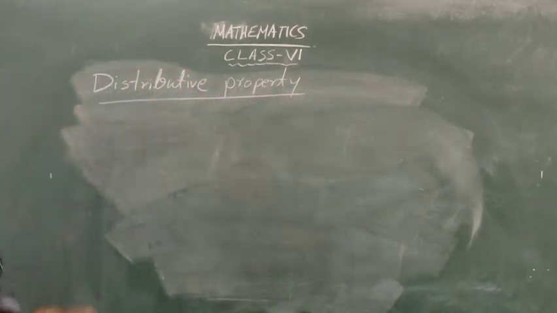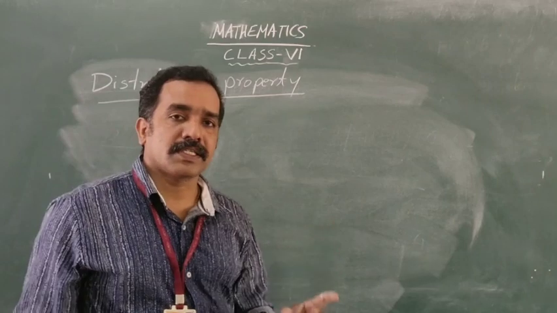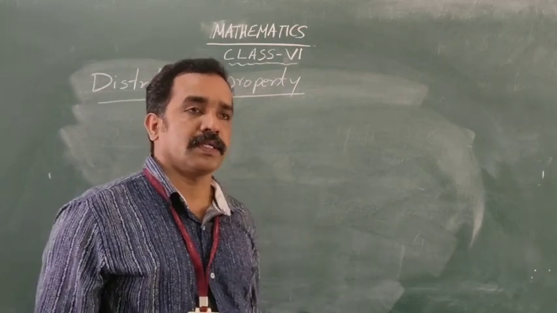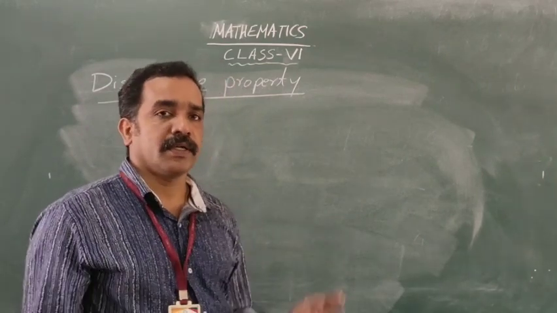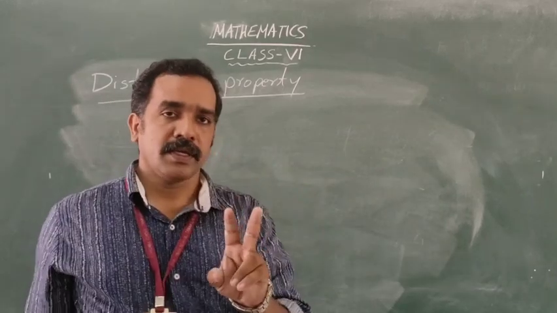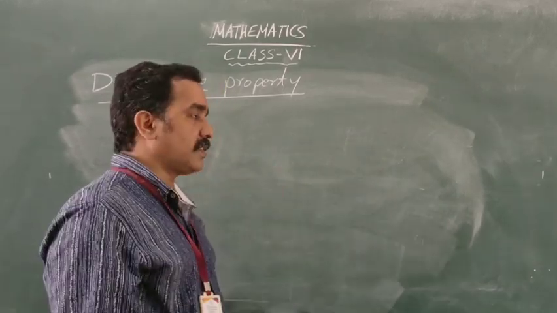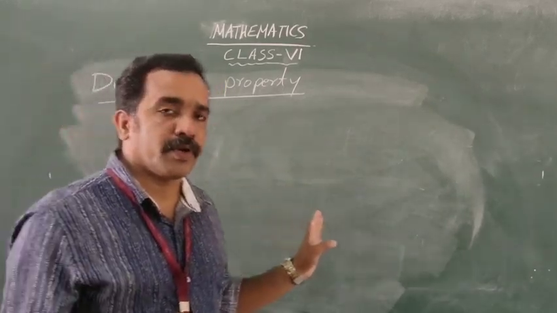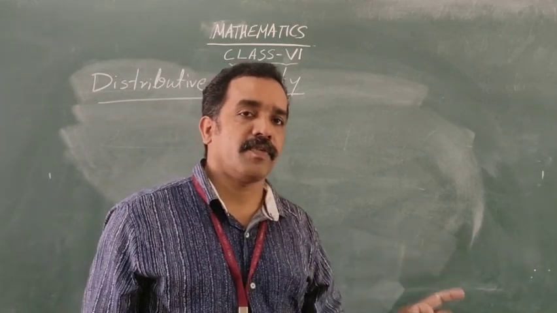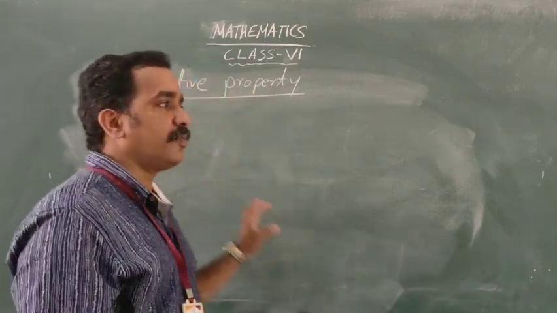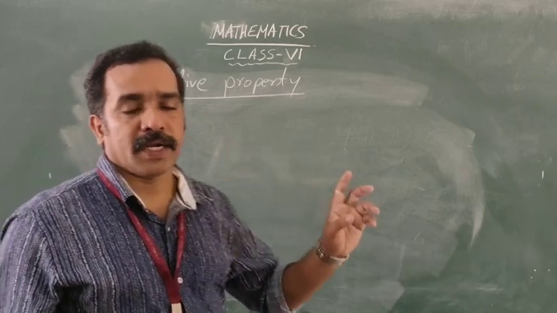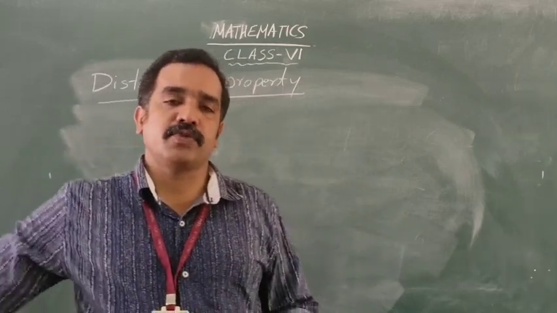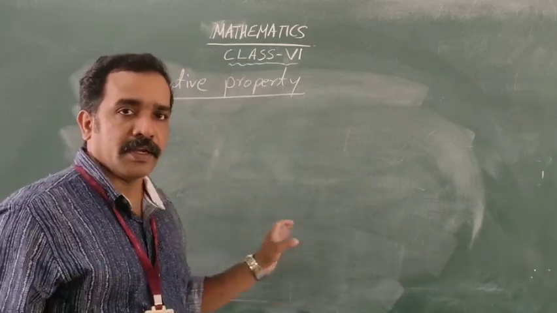In case of distributive property, we are not discussing only one operation, but two operations together. So we can say distributive property of multiplication over addition and distributive property of multiplication over subtraction. Those two properties we are going to study now.